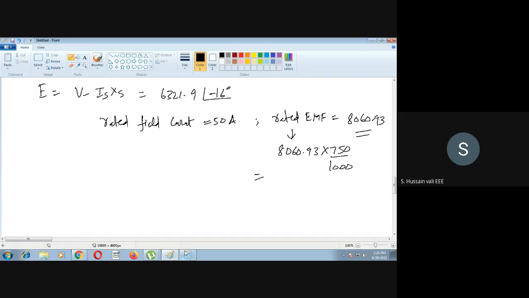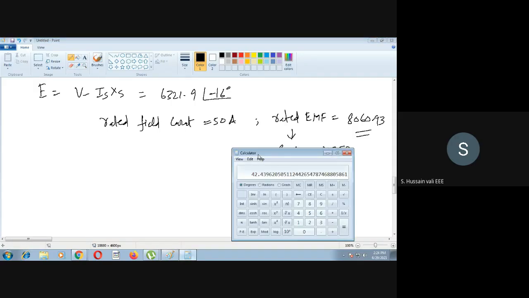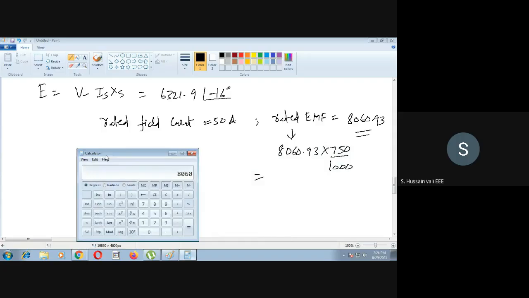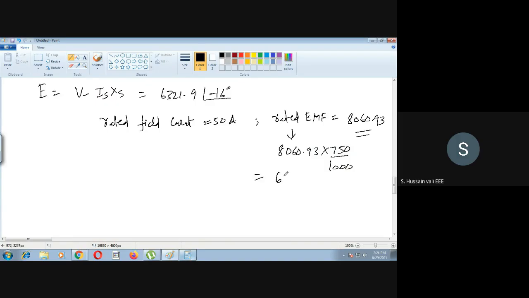Then we simplify this: 8060.93 into 750 divided by 1000, which is 6045.69. Now what is this voltage? This is the EMF at this speed.